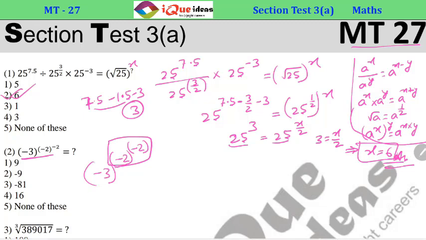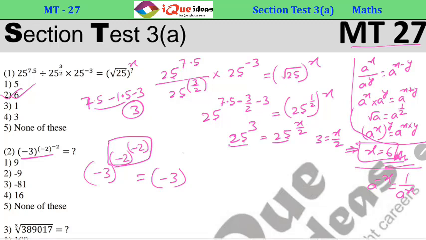Now first of all, this is a situation of power, but in a slightly different manner. This is equal to minus 3 raised to the power. Now minus 2 to the power minus 2, we also know that a to the power minus x is equal to 1 by a to the power x.